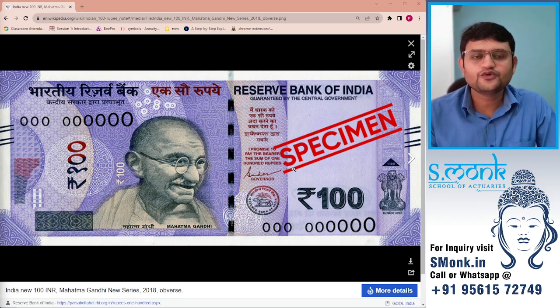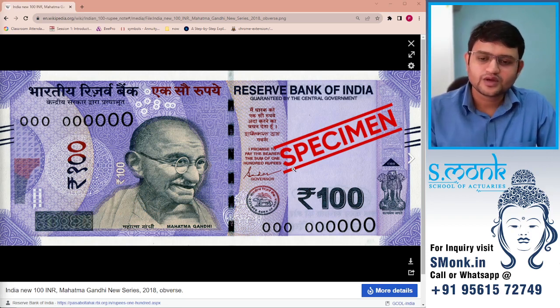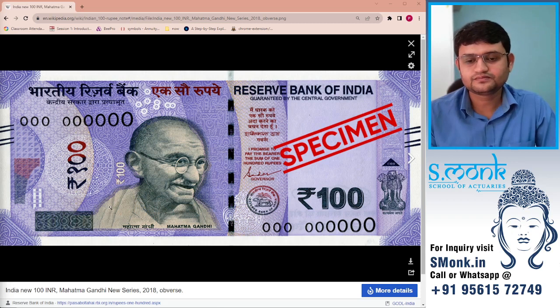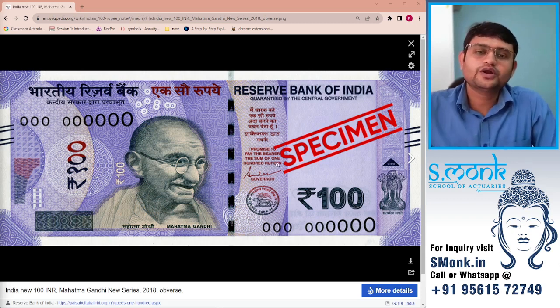Now, a few years back, I think before 2005 or something, or 2012, I don't remember perfectly, they used to write that I promise to pay the bearer an equal amount of gold worth rupees 100. So before, the currency was related to gold.